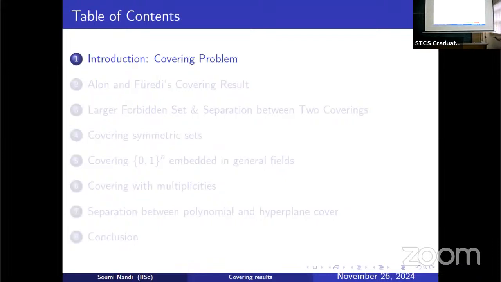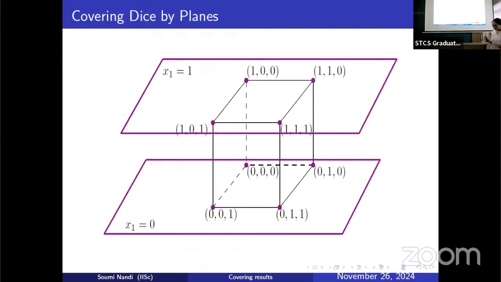So, let us first start with the problem statement. Suppose in 3D we are given a die and we want to cover all its corner points using planes. What will be the minimum number of planes? Any two parallel planes that cover two opposite faces is sufficient.